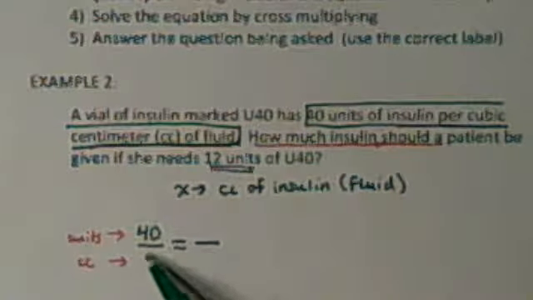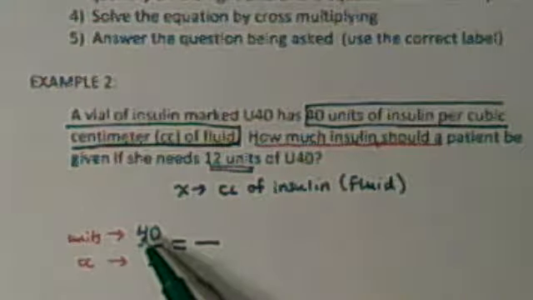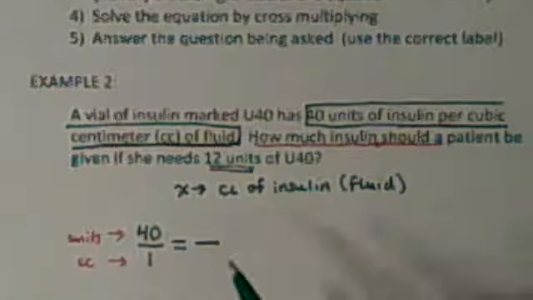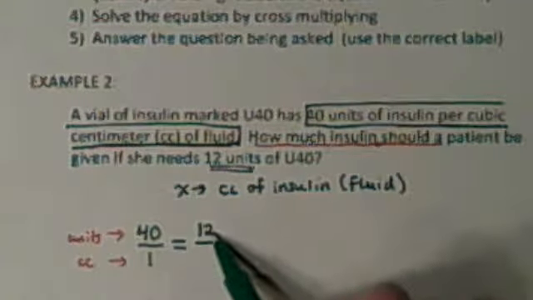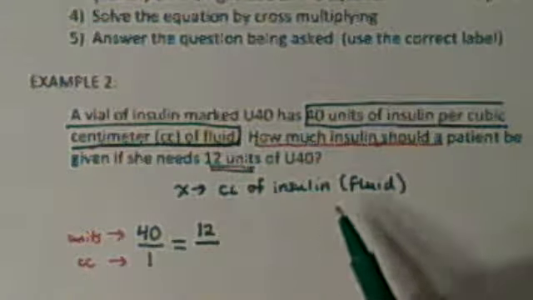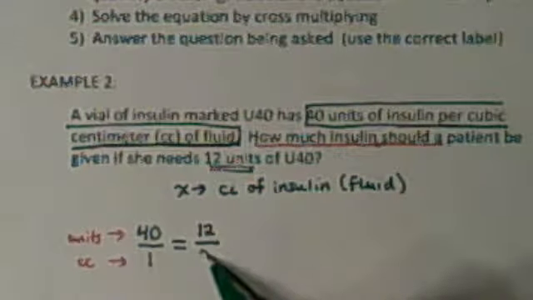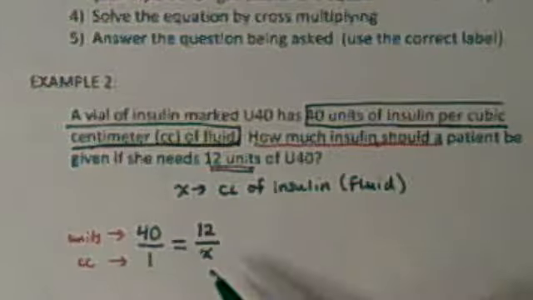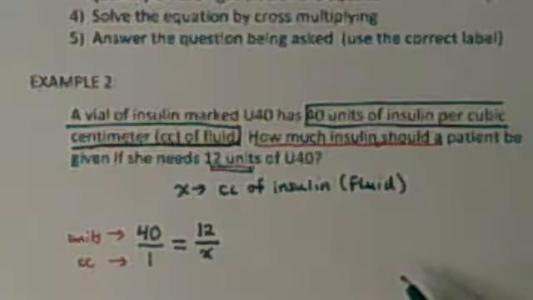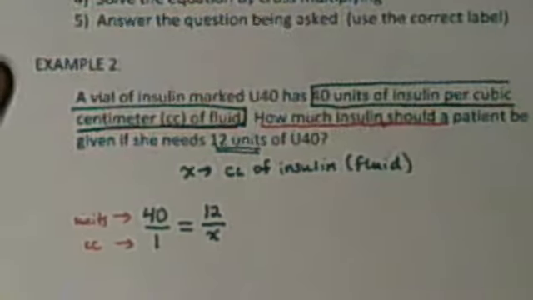If we look at the first ratio, units was on top. Therefore, in the second ratio, units must also go on top. And X represents the cc's of insulin, so X goes on the bottom where the cubic centimeters are located. So once again, I have my proportion.